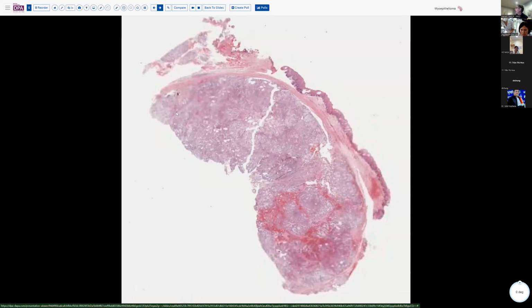See if we've got another example here. Again, this one from what appears to be a submucosal location. This could be from the submandibular gland.